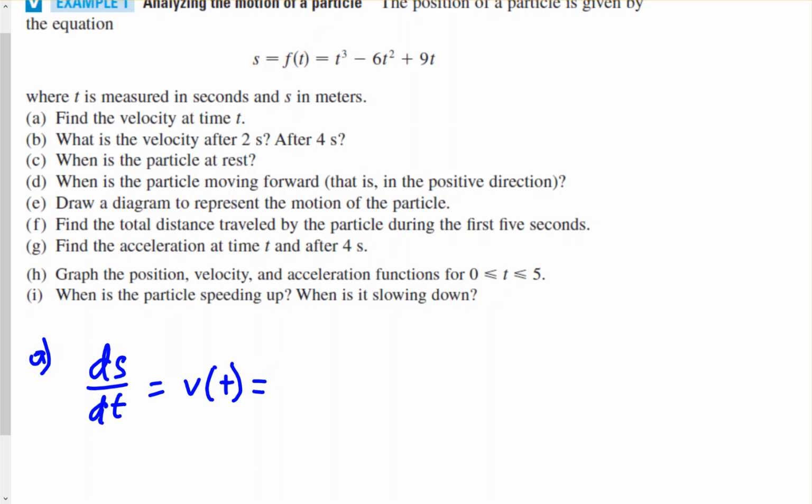Take the derivative of our position function. So just power rule for each term. So we have 3t squared minus 12t plus 9.